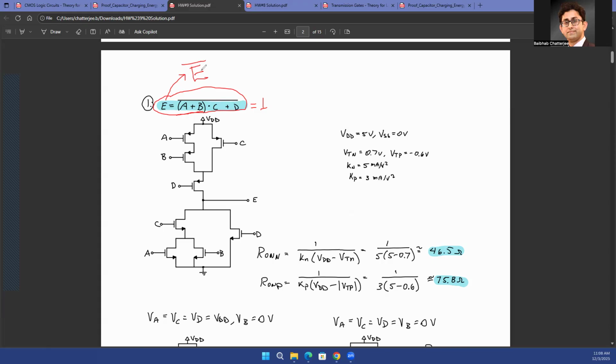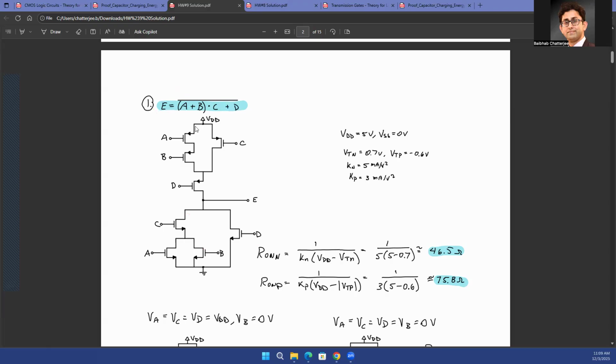So for the NMOS, you are interested in E bar, and in E bar the overall complement sign goes away. So you have A or B, they are in parallel, ANDed with C, that's in series. And the whole thing is ORed with D, and D comes in parallel. Okay, so that's your pull down network.